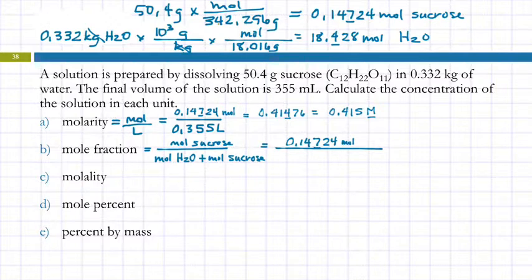Okay? So in the denominator here, we need to take the moles of water, 18.428, and add the moles of the sucrose, because we need the total number of moles.